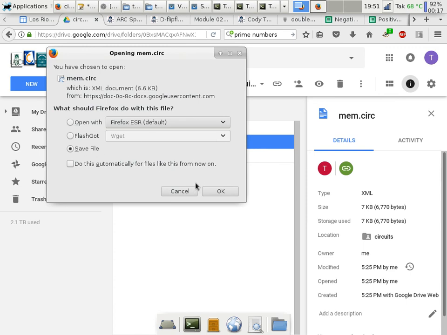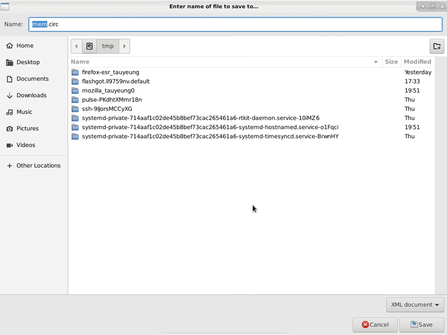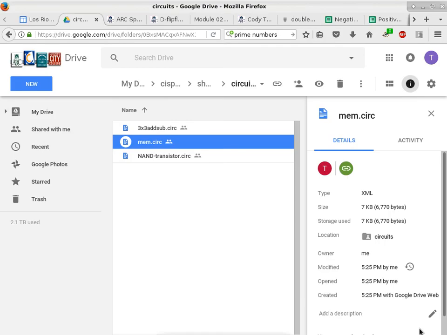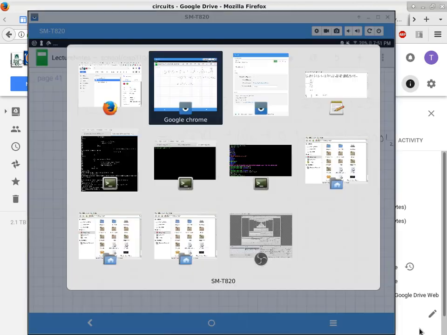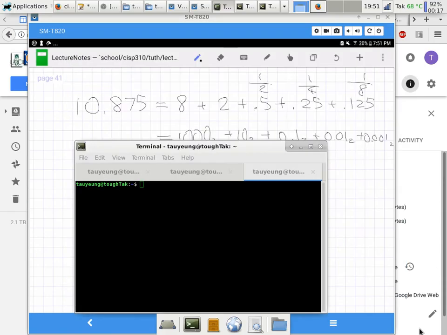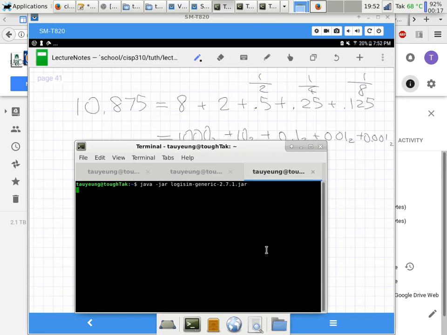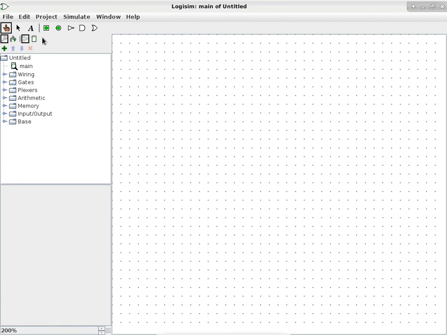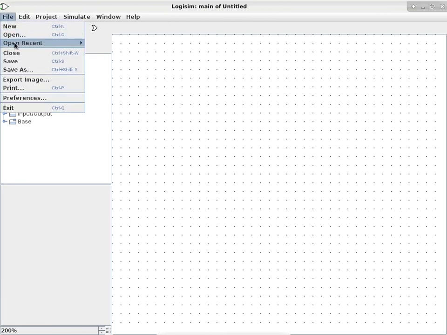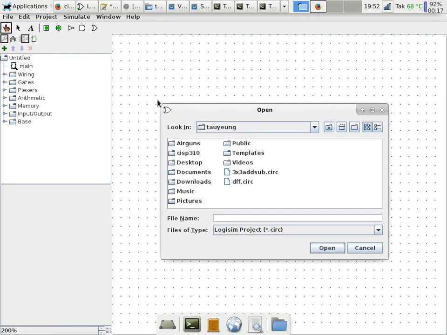I'm going to save the file to my temp folder, start up Logisim, and open the file in the temp folder.